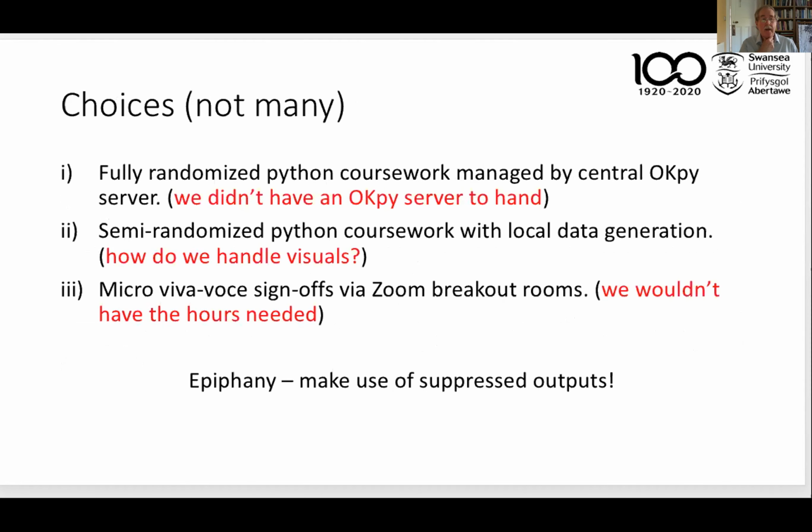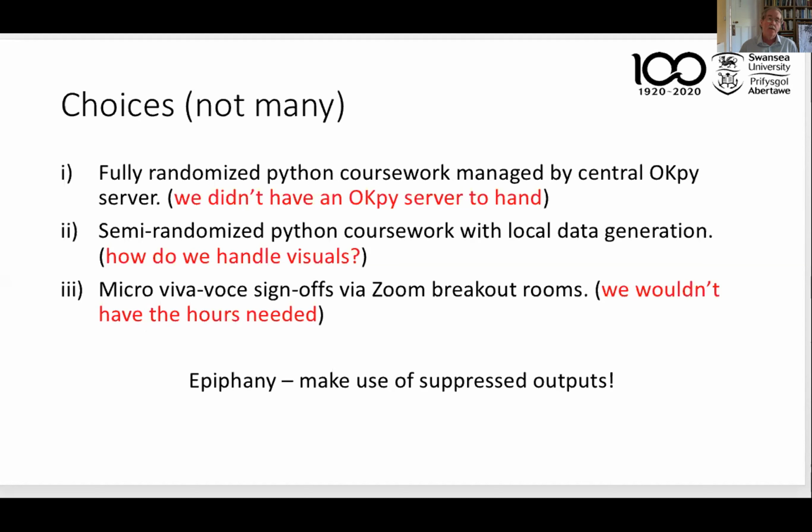The choices I had in terms of coming up with a sign-off system: I could either go for a fully randomized setup managed by an OKPY server. Now we didn't have one to hand, and I didn't have the time, experience, or resource available to get one up and running.